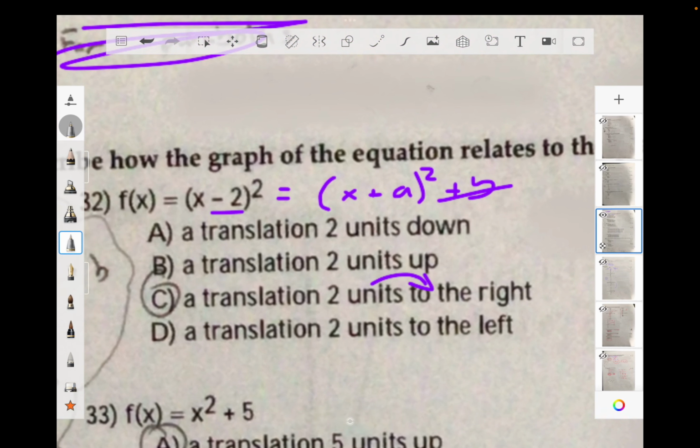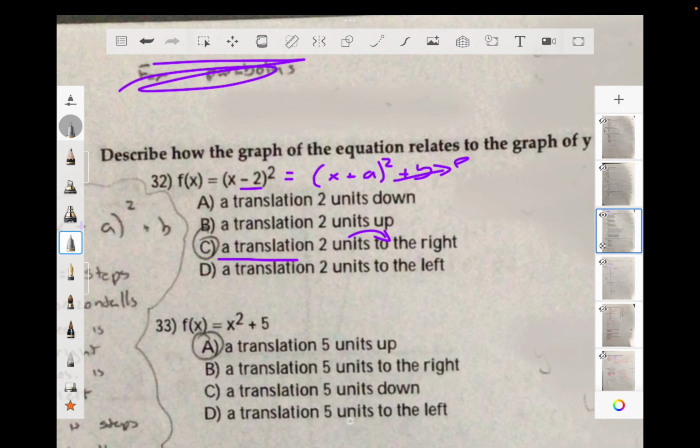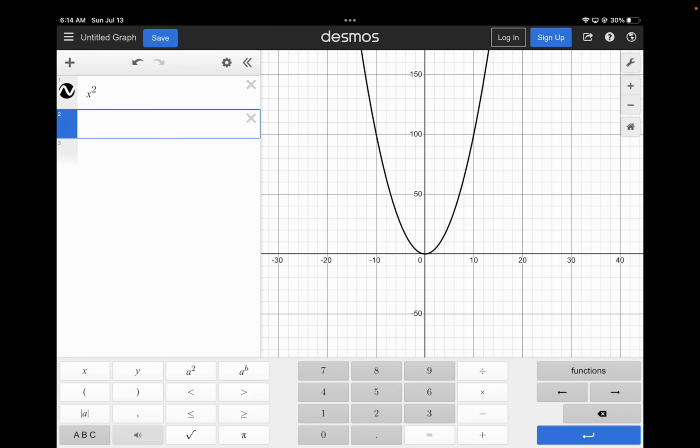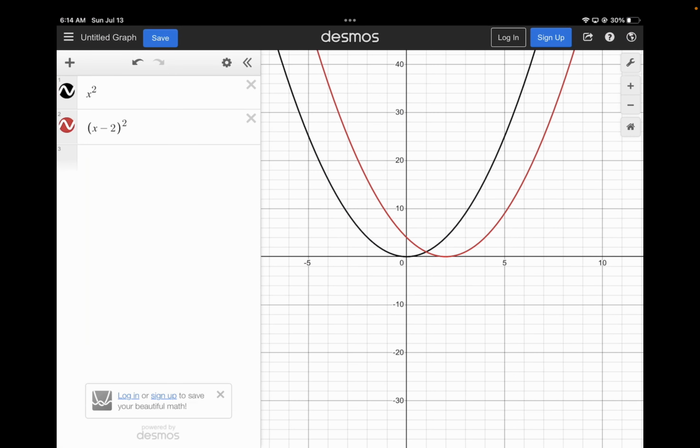B doesn't exist, it's 0, so it doesn't move up at all. And that's pretty much it. The translation is 2 units to the right here. And if you want to see it, it's going to look like x minus 2 squared, which you can see right here. The original is black and the new one's red, and it moves to the right 2 units.